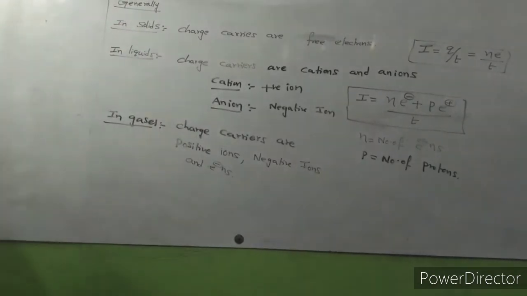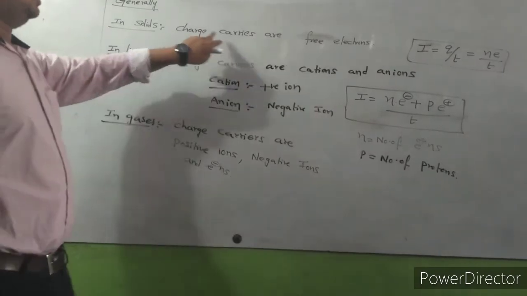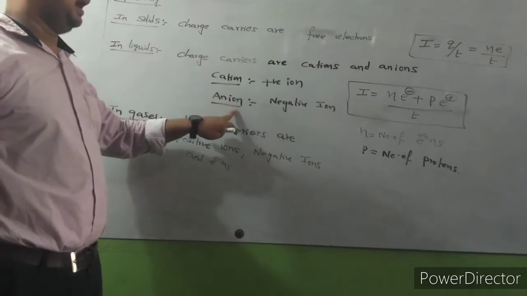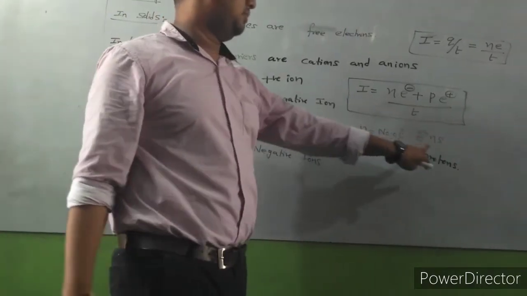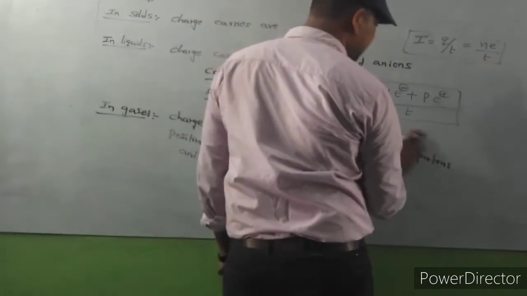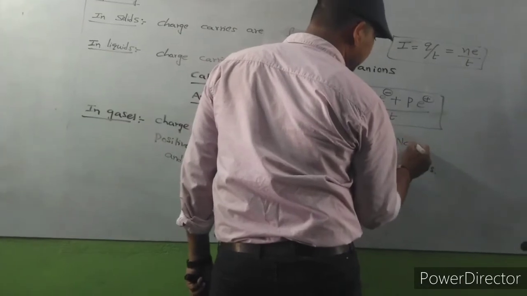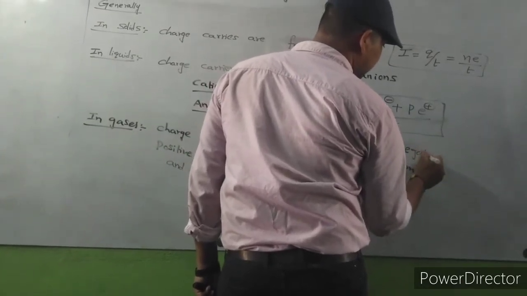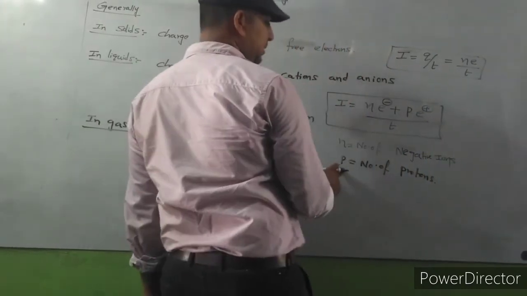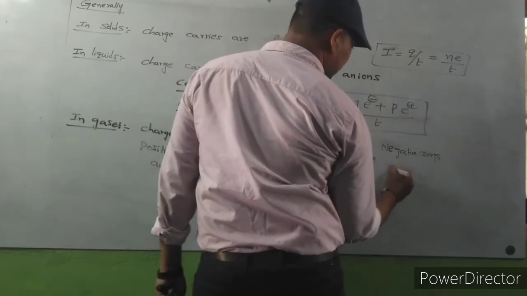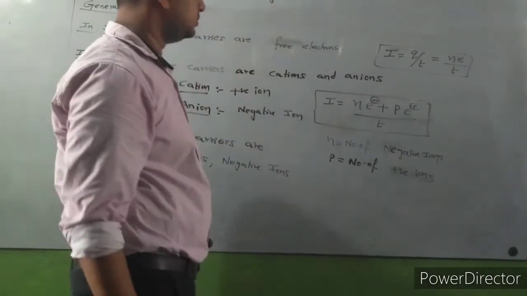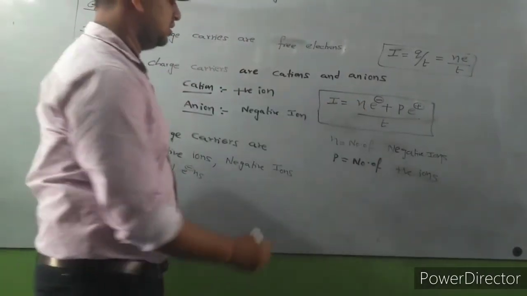In solids, electric current is due to free electrons. In liquids, electric current is due to cations and anions. Here N means number of negative ions, P means number of protons or positive ions. E minus means charge of electron.